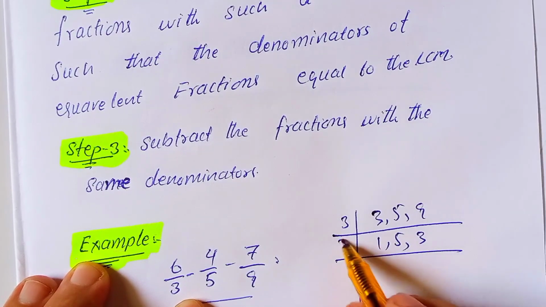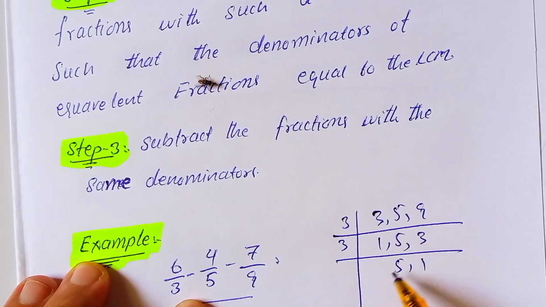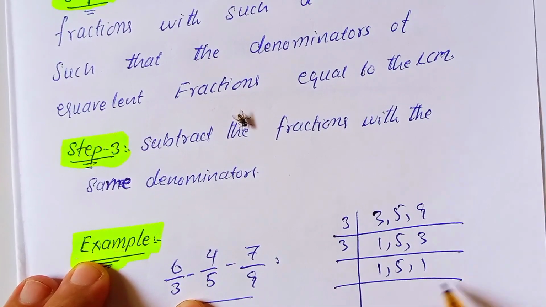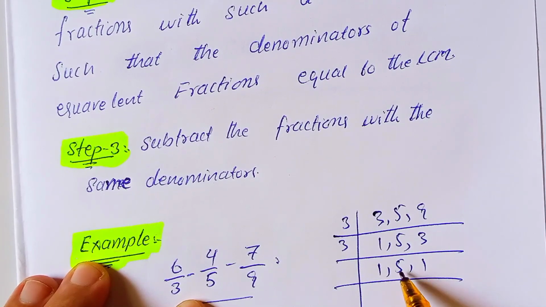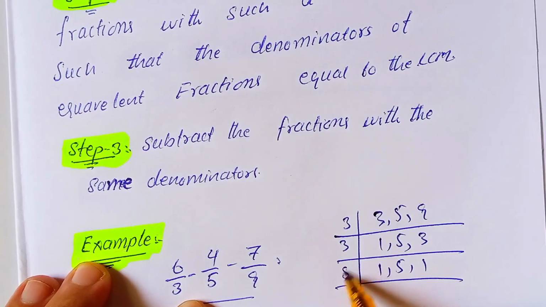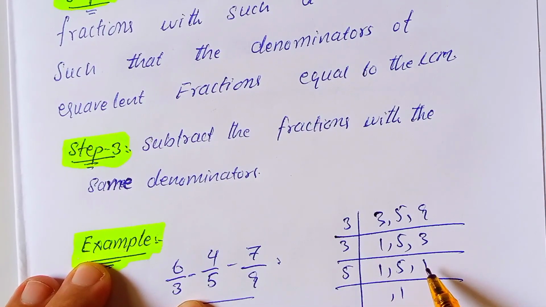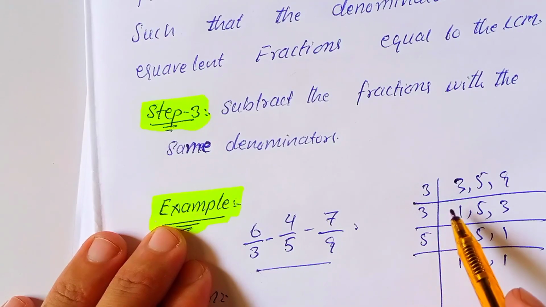So 3 divided by 3 is 1, 5 is the same because 5 is not divisible by 3, and 1 is the same. Now again, out of 1, 5, and 1, 5 is divisible by 5, so we will write 5. 5 divided by 5 is 1, and 1 and 1 are not divisible by 5, so we will write them the same. And now we will multiply these prime factors to get the LCM.